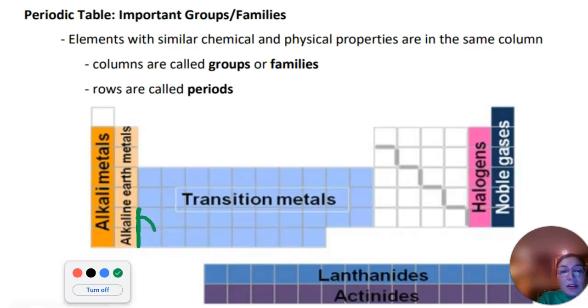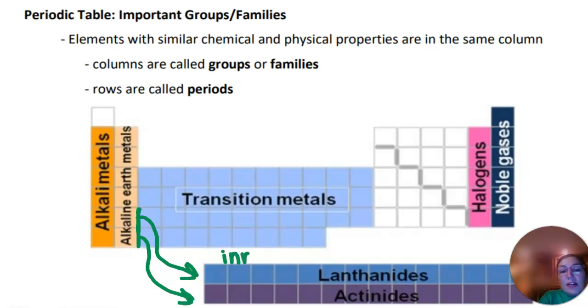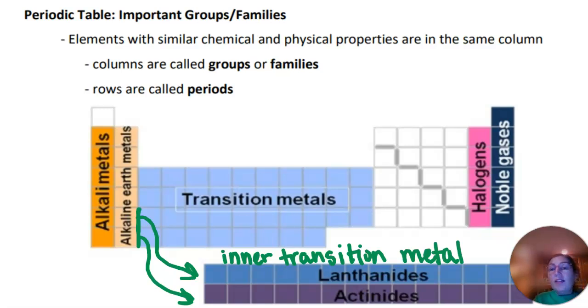And so here's where the lanthanides would go, and here's where the actinides would go. And these are also referred to as inner transition metals. Why transition metals? Well, over on the left, we for sure have metals, and on the right, we have nonmetals. And so in the middle, we're transitioning from metal over to nonmetals.